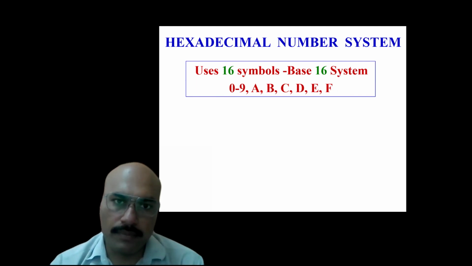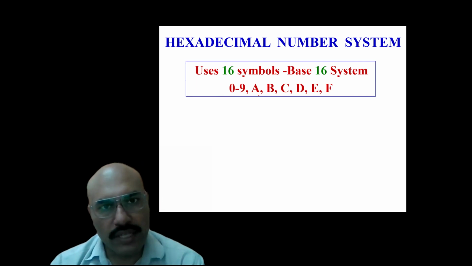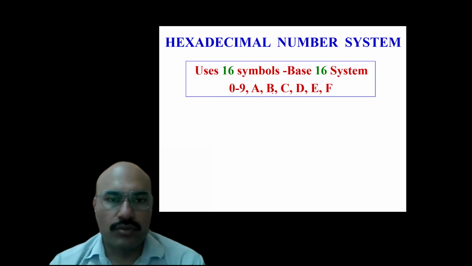So to remove that confusion, we replaced the symbol 10 with A. So 10 is replaced with A, 11 is B, 12 is C, 13 is D, E is 14, and F is 15.